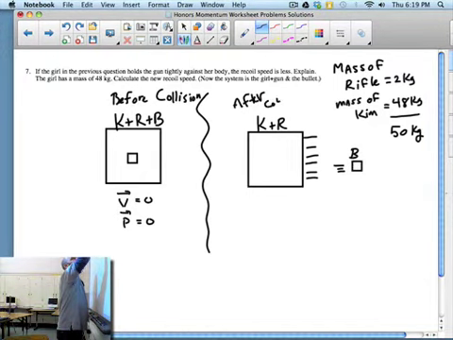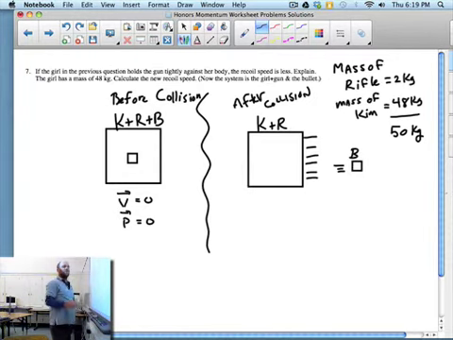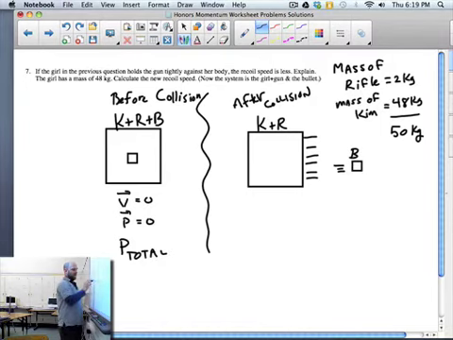So after the collision, you've got Kim and the rifle moving to the left, the bullet moving to the right. The total momentum before the collision has to equal the total momentum after the collision.